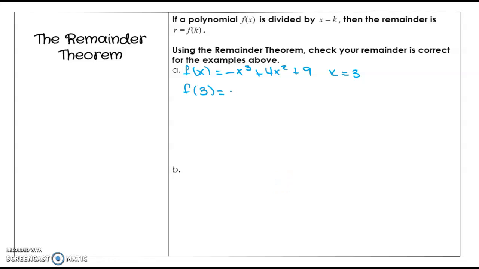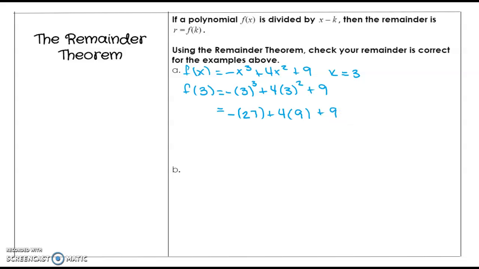When you substitute that in, you should get negative 3 to the third power plus 4 times 3 to the second power plus 9. Now we do exponents first. 3 to the third power gives us 27, and don't forget that negative on the outside. Then 3 to the second power gives us 9, plus 9.